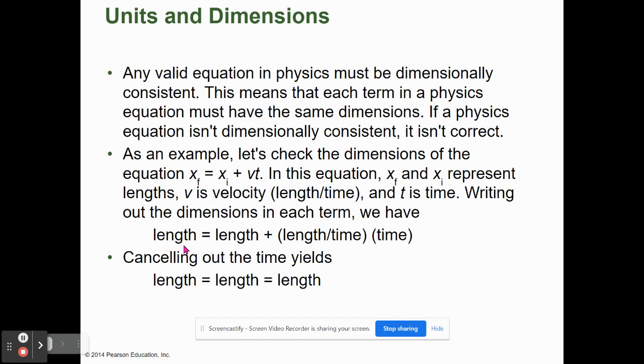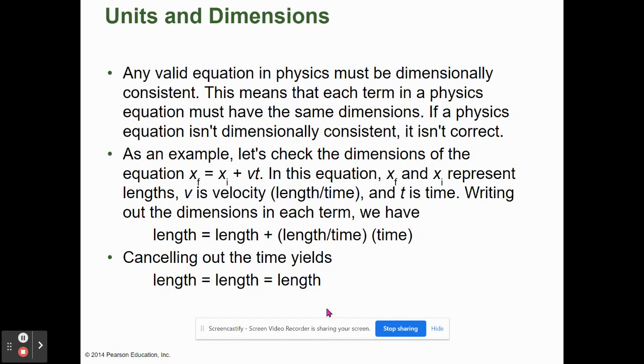So the final distance is length, the initial distance is length, because those are both distances. Velocity is length divided by time, and then time, of course, is time. So when we do that, time cancels because you've got time on the top, time on the bottom, so they cancel out. And that means we have length all the way across, which is what is supposed to happen.